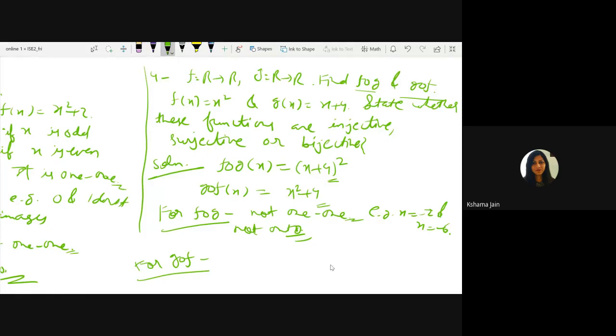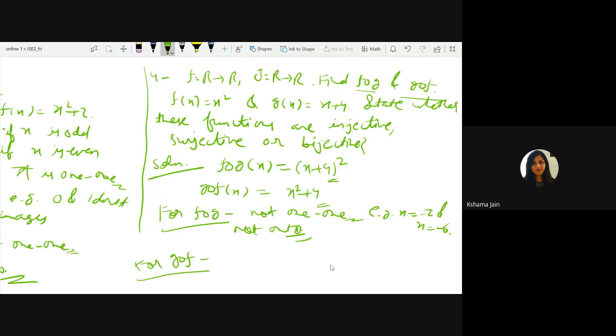See, this is a square, so only the perfect square numbers will be having pre-images. If I put any x value, I will be getting a square, for example 2, 4, 8, anything. But 3, 5, these numbers are not having any pre-image. So that's why. And that imaginary thing you are saying would be applied here for GOF.